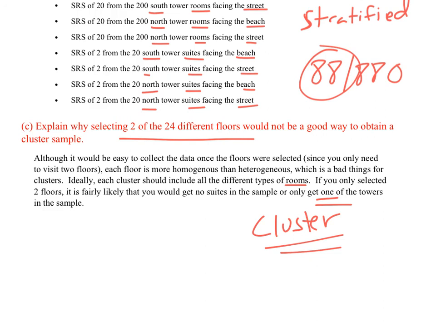What if I only get suites? What if I only get people facing the beach and not the street? Sometimes cluster sampling is a good idea. In this one, not really. In fact, if I were to rate them, I'd say the cluster sampling is the worst. The simple random sample would be second. The stratified, I think, is the best for this context.